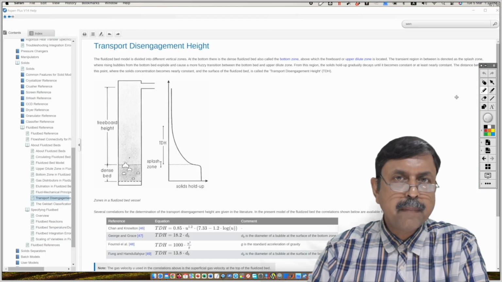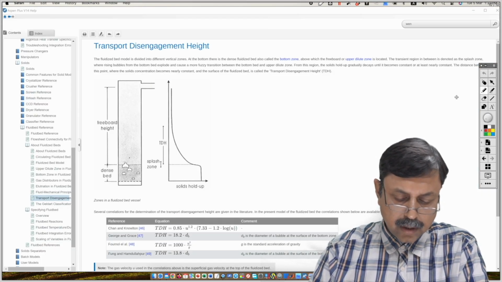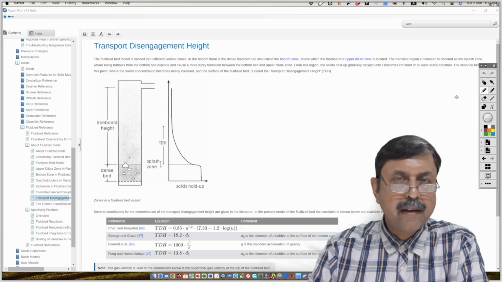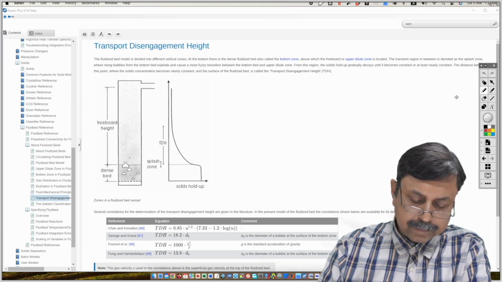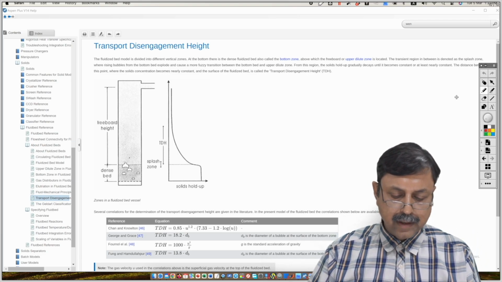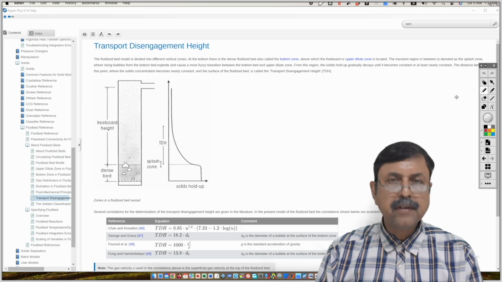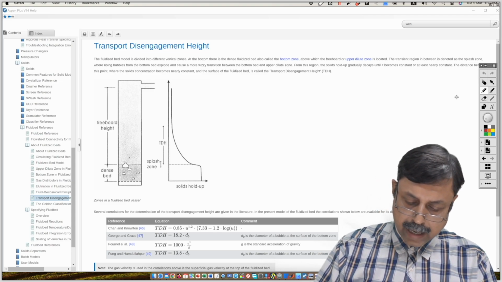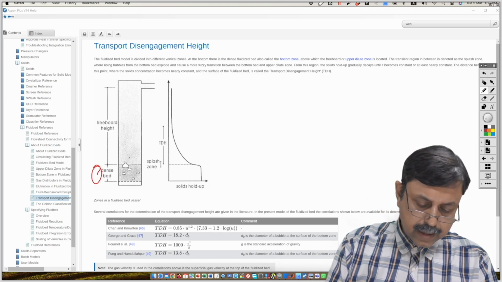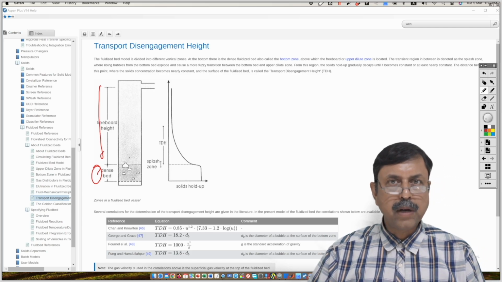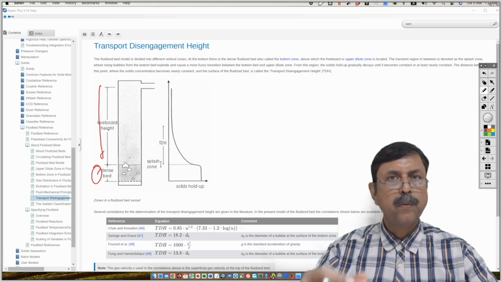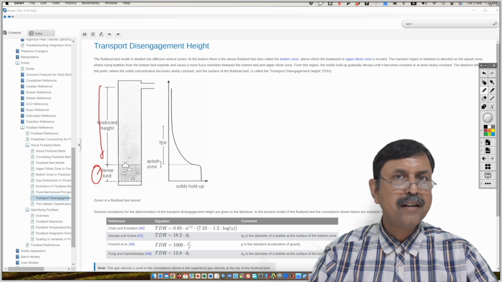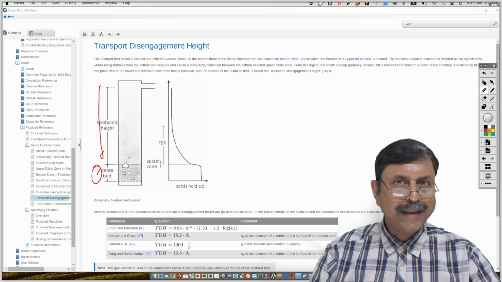Here the theory about the transport disengagement height has been explained. Basically, the fluidized bed model is divided into different zones. Primarily, the dense bed and the freeboard height. Dense bed means where the particles are still static. That is dense bed.